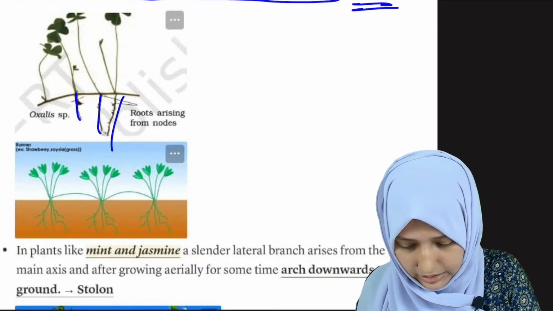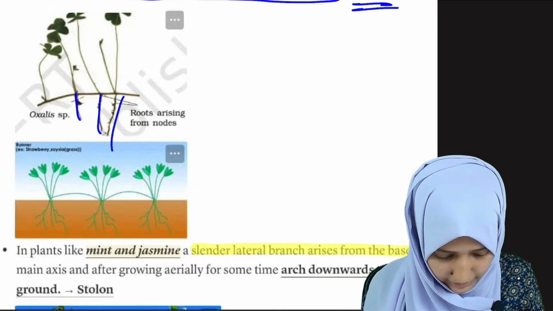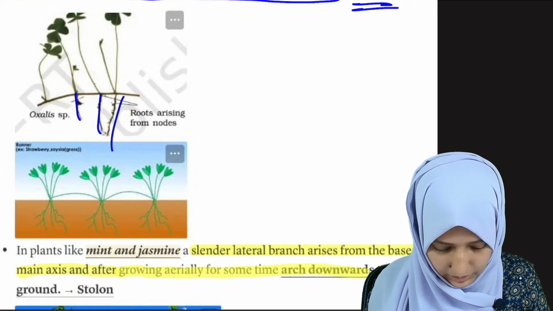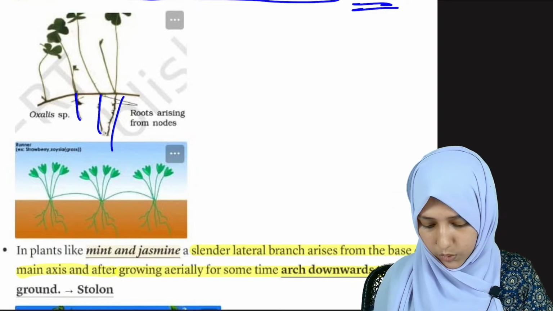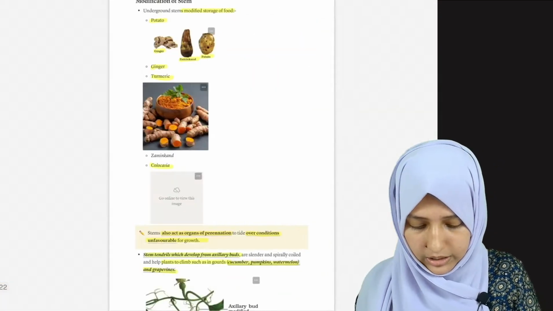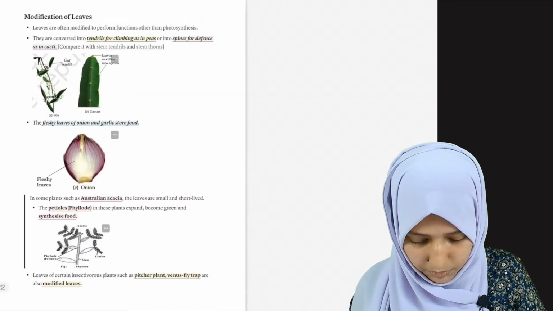And in plants like mint and jasmine, a slender lateral branch arises from the base of the main axis, and after growing aerially for some time, it arches downwards to touch the ground, and this type of propagation is known as stolon. In the picture it will be more clear.